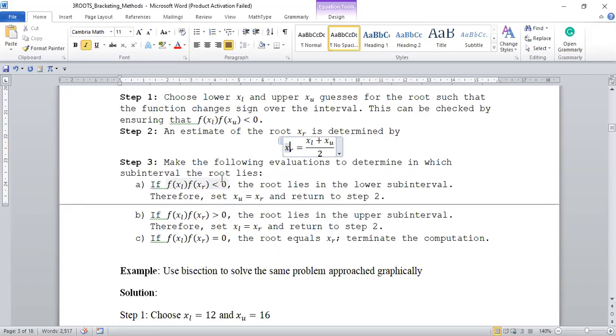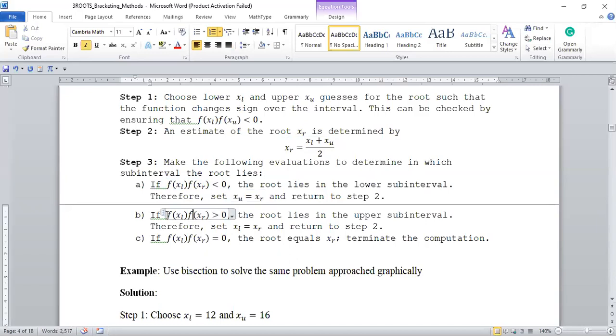If it's less than 0, that means that the root lies in the lower subinterval, and therefore you're going to set the value you calculated here to the upper limit.